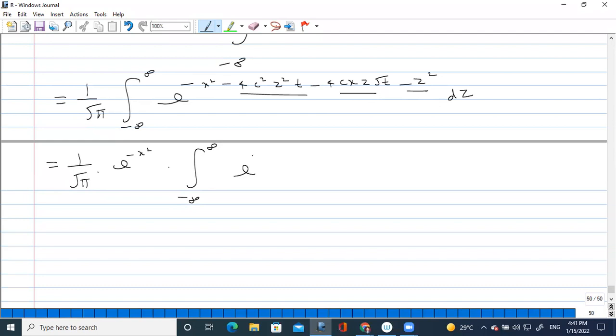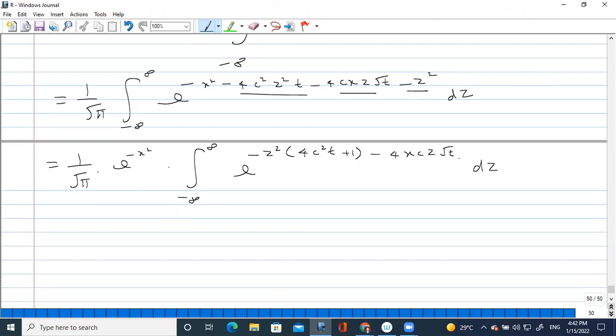So it will be e to the power minus z square if I take common, and what will be there? 4c square t plus 1, and minus 4xcz under root t. This much is left, dz.